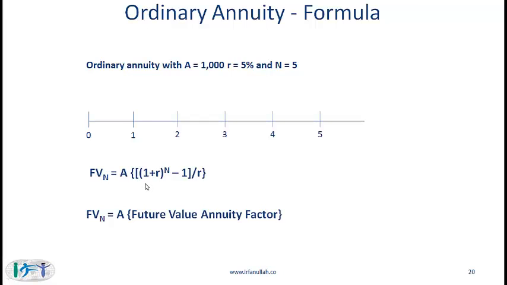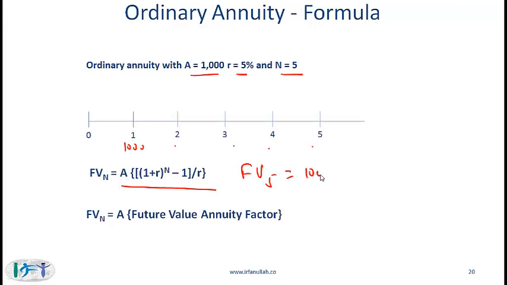But here I'm just introducing the fact that there is a formula, and at times you can get something called a future value annuity factor. So let's understand what this means. We have the same annuity. Each payment is 1000, interest rate is 5, number of periods is 5. So same scenario. The future value at the end of year 5 can be expressed using this formula.